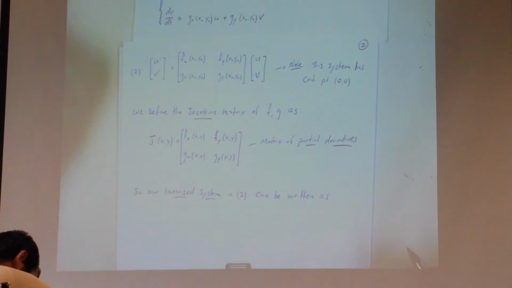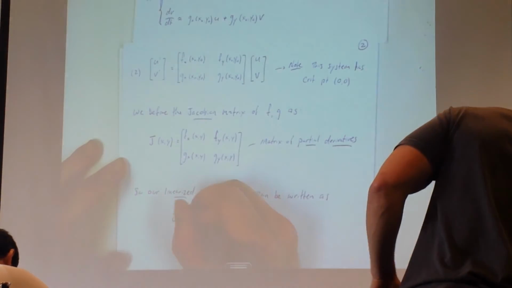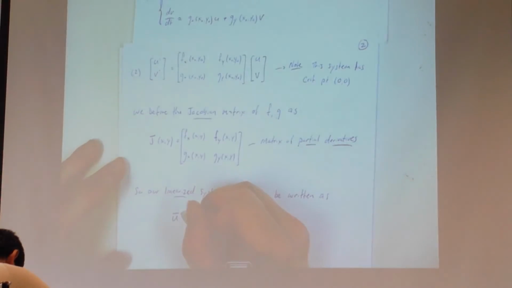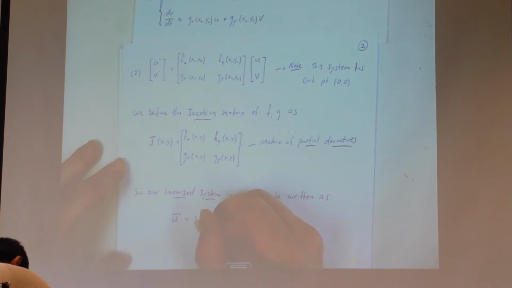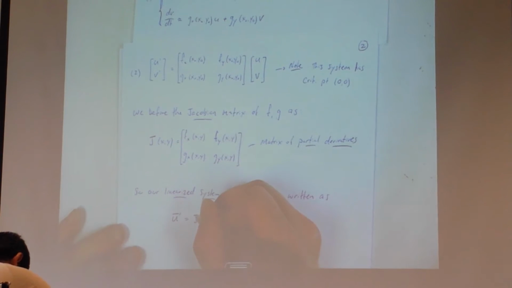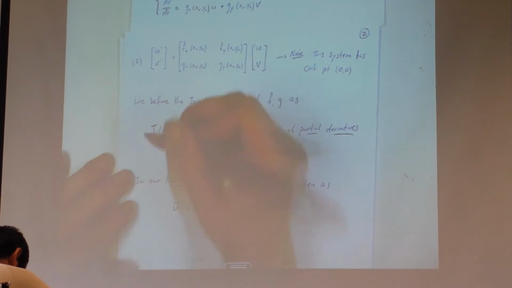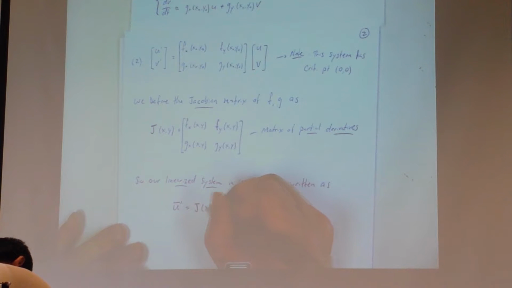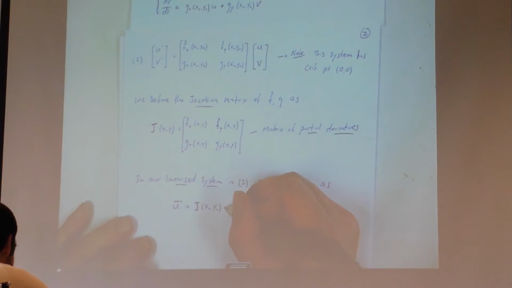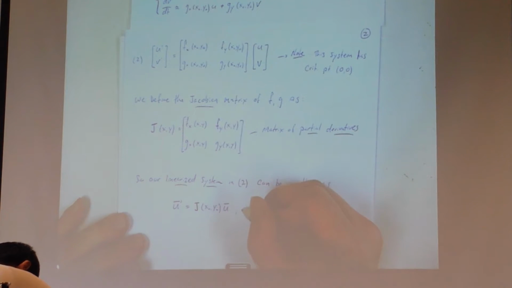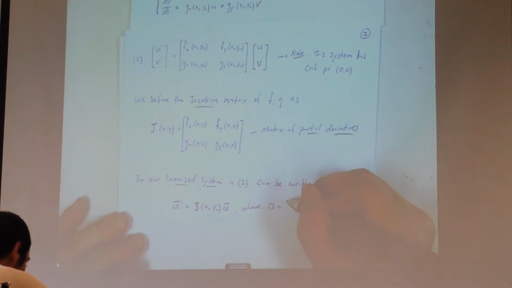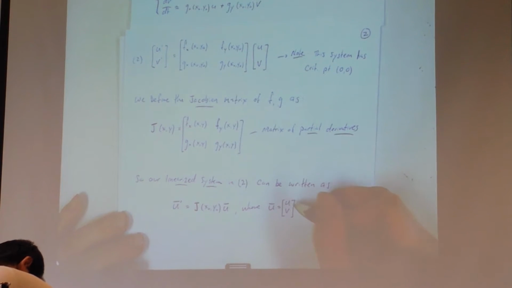If I call (u, v) just the vector u, then u prime equals the Jacobian matrix, and I'm trying to bold this because it's a matrix quantity, the Jacobian matrix evaluated at (x0, y0) times the vector u. Okay, so that's what we call a linearized system.